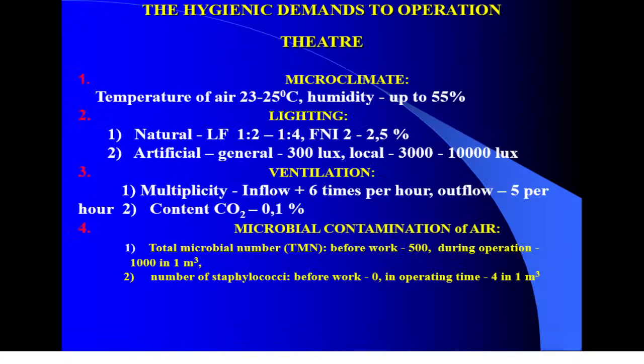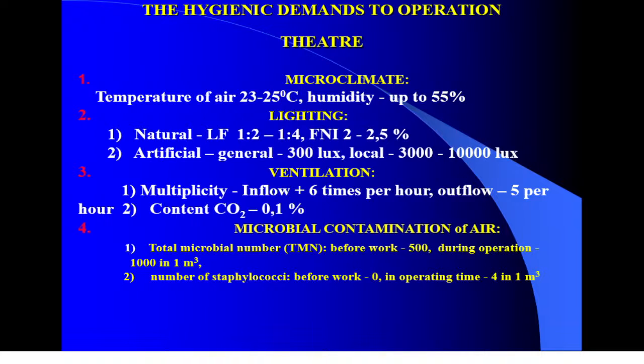Now, hygienic demands to operation theater. Microclimate. You know this data: temperature up to 25 degrees Celsius, humidity up to 55%, light factor 1 to 4, factor of natural illumination minimum 2%. Artificial general light 300 lux and local very high requirements, 3000 to 10,000 lux, because it's illumination from special operational lamps.